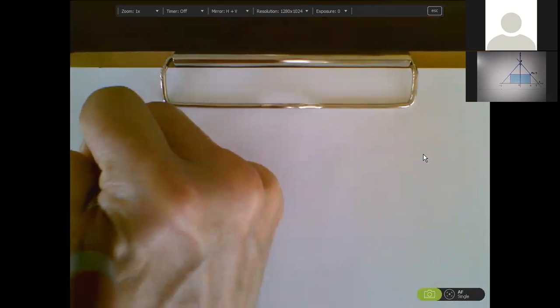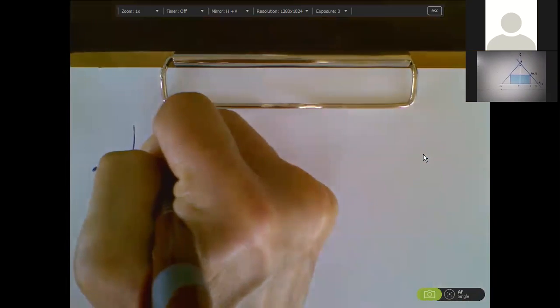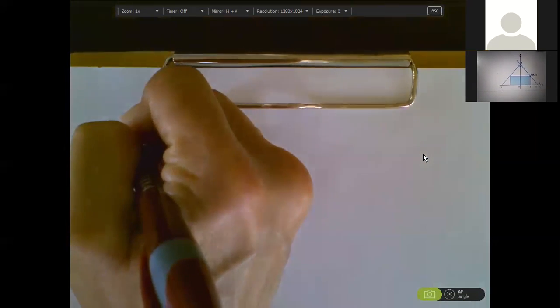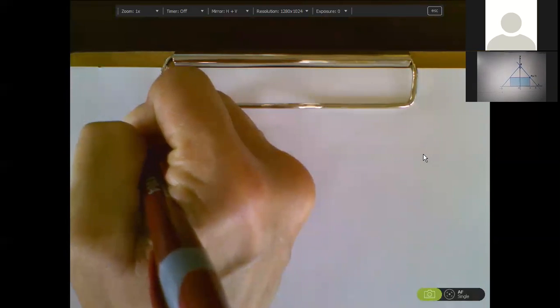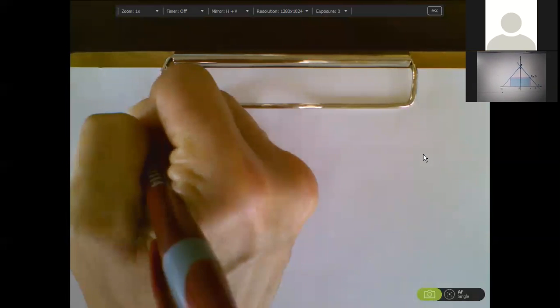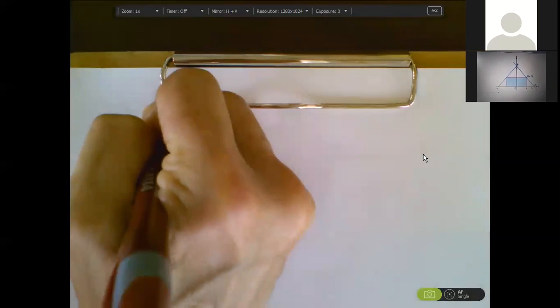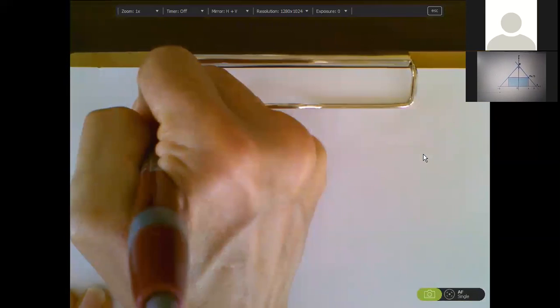2, 3, 4, 5. 1, 2, 3, 4, 5. And what is that at the top? Is that B? A B, okay. So there's some point, and that must be the point 0B, because it's on the y-axis. Is B representing a point there, Miss Ivy?